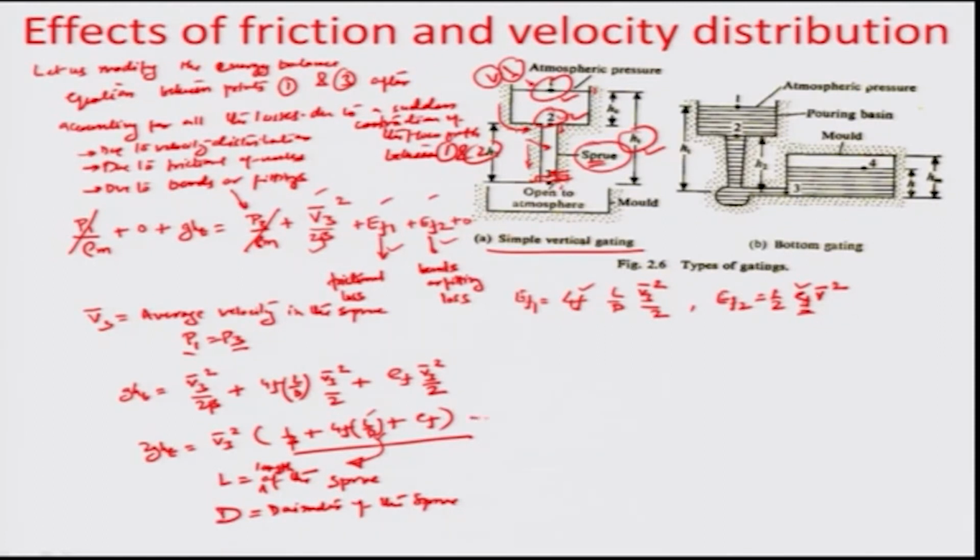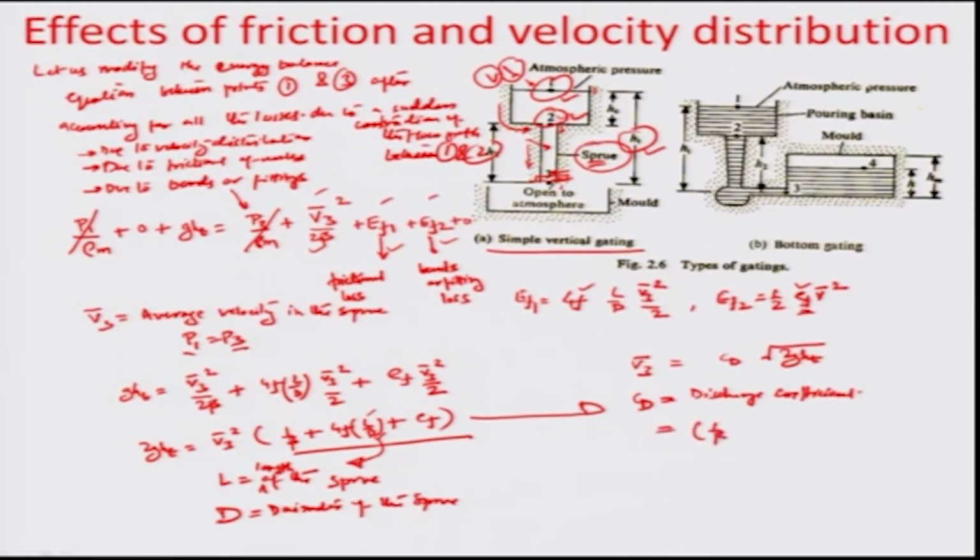So, from this particular equation, V3 dash becomes equal to some coefficient C_D times root of 2 g H_T, and the C_D is very popularly known as the discharge coefficient from elementary fluid mechanics.